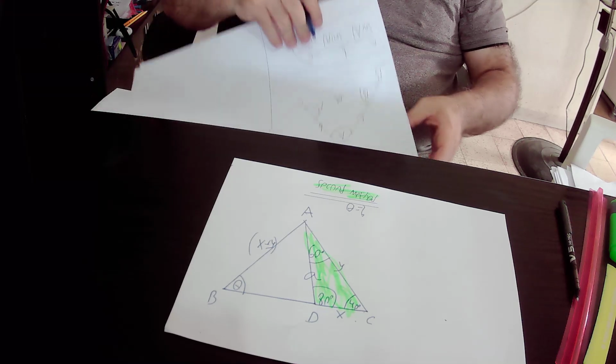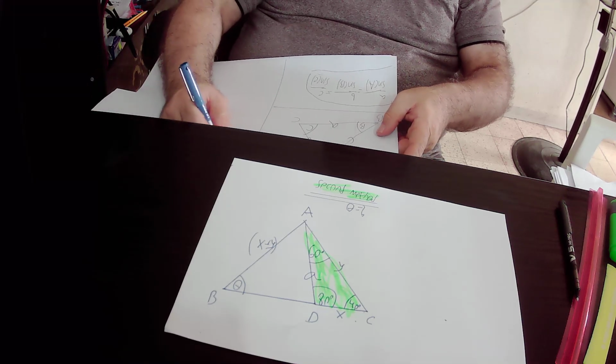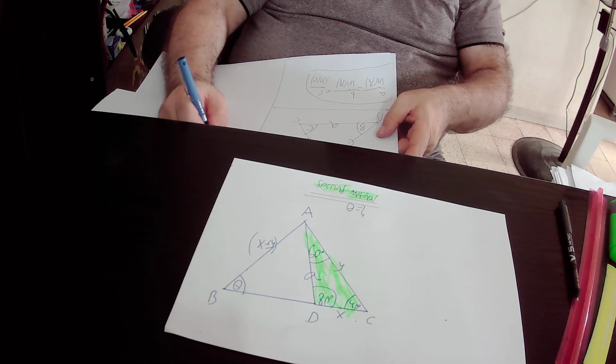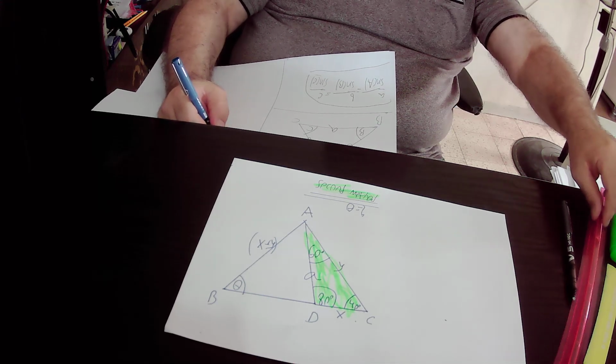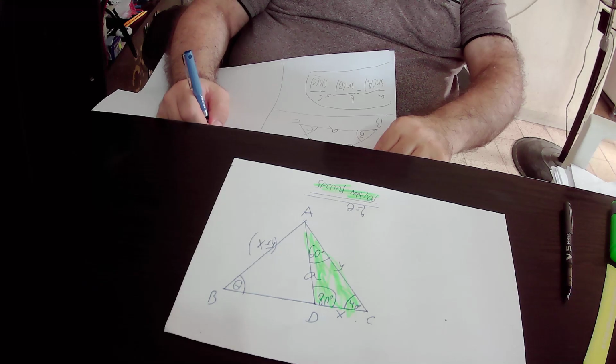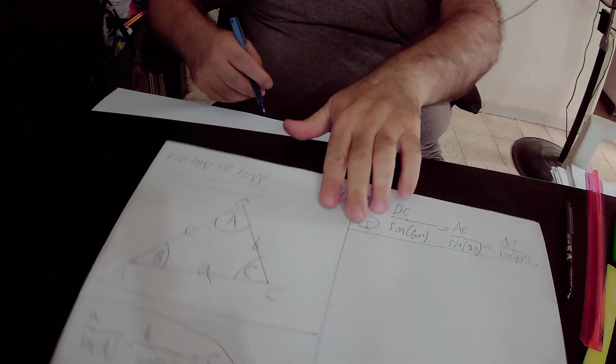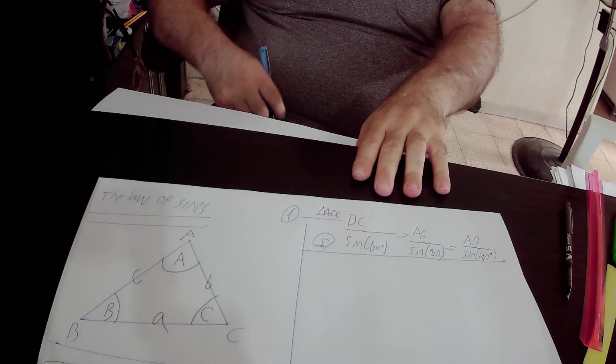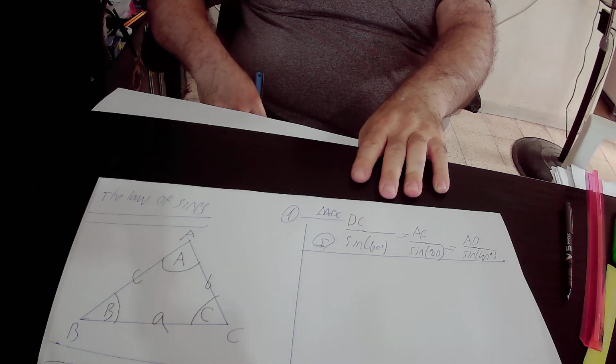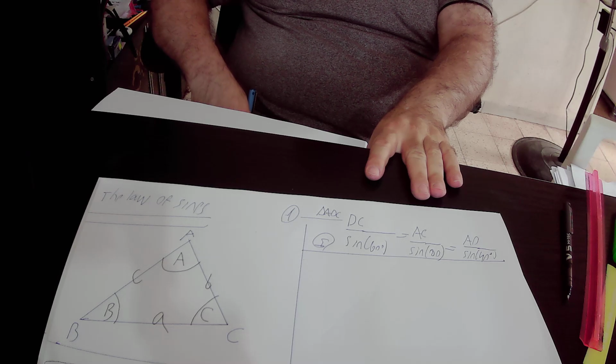I'll repeat again: in the green triangle ADC, according to the law of sines, DC over sine 60 degrees equals AC over sine 80 degrees, which equals AD over sine 40 degrees.